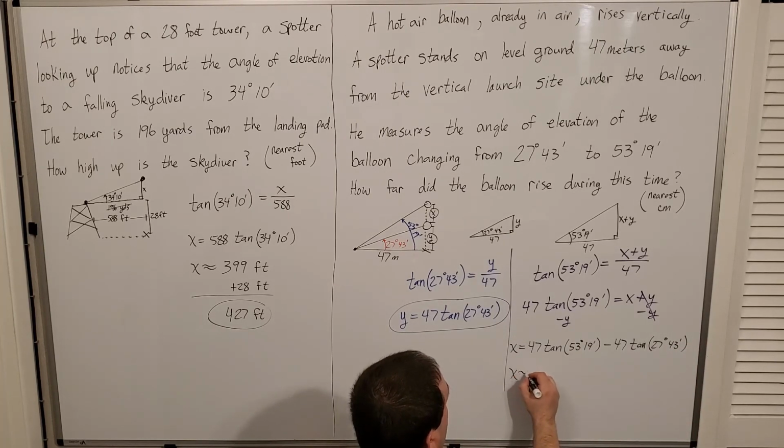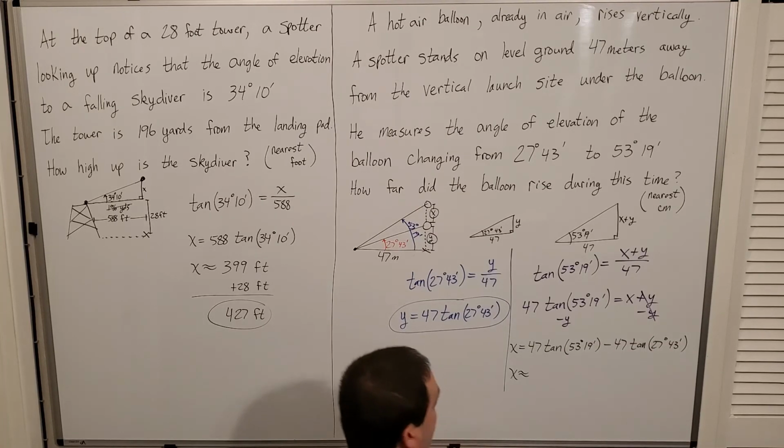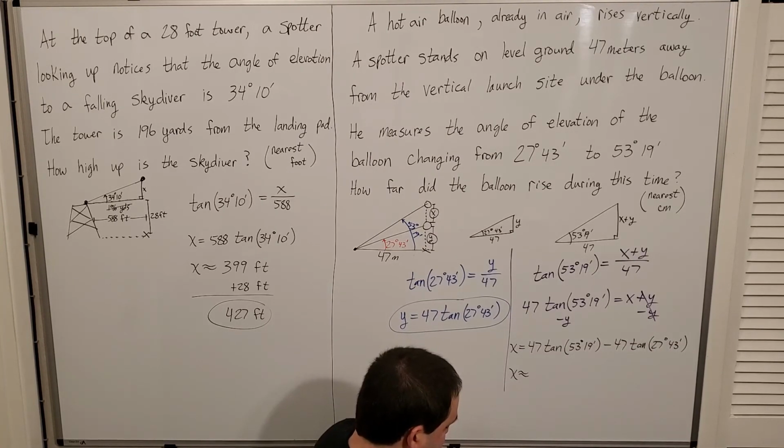And then I can compute what that is approximately equal to. Let's do that. I'm going to have 47 tangent 53 degrees 19 minutes minus 47 tangent 27 degrees 43 minutes.